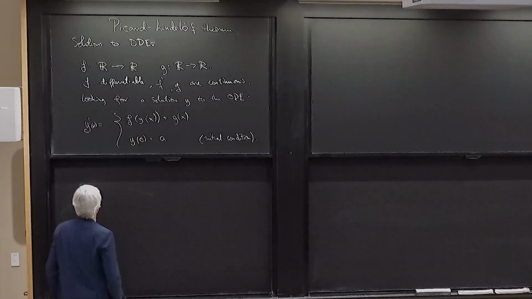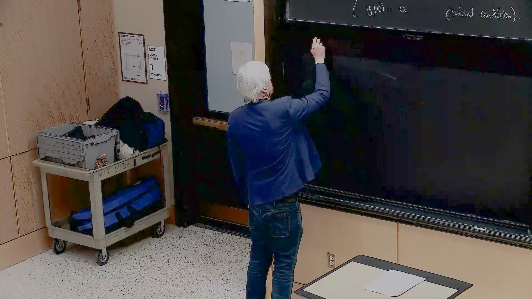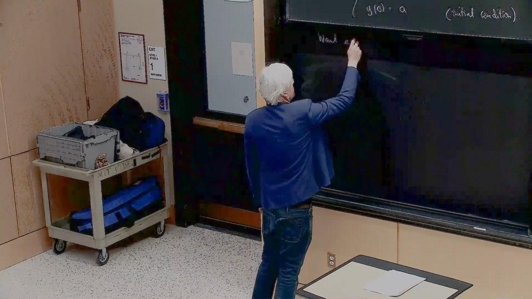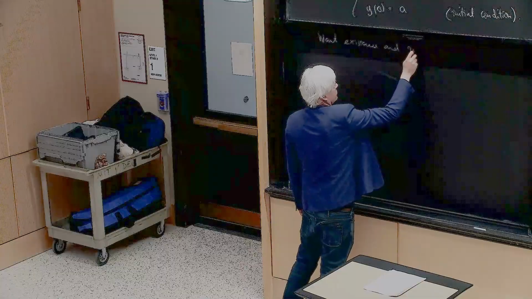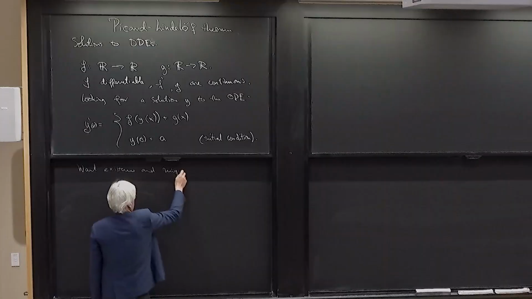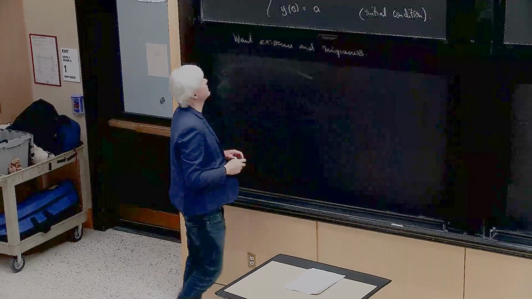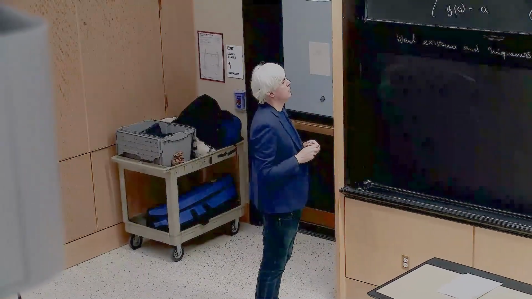In order to, we want existence and uniqueness. Existence just means that for a given a, there is a solution.